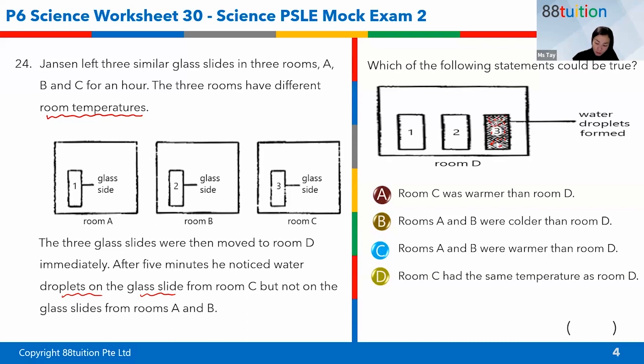Why is that so? Because, very obvious, the answer is C, right? So they actually were warm when they entered this room, and for this particular one, it was cooler than the room. Then these two warmer than the room. That's why you can have the water droplets forming.